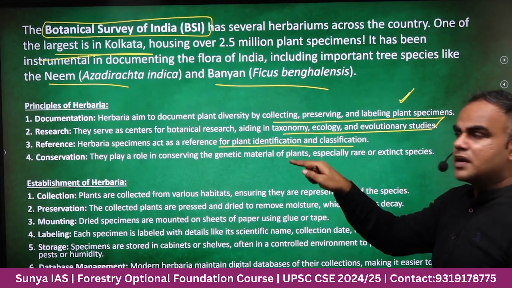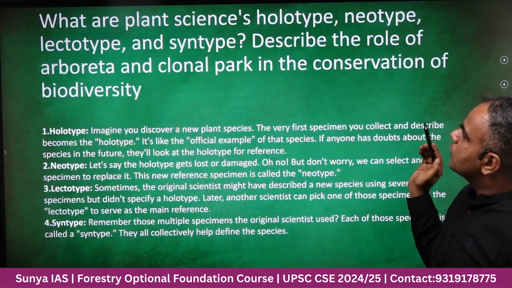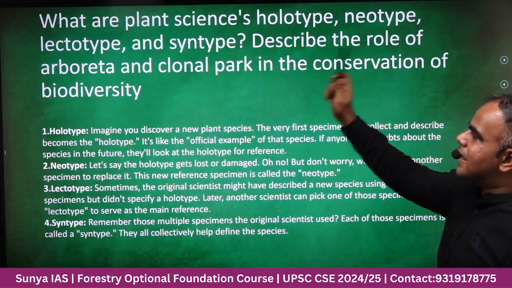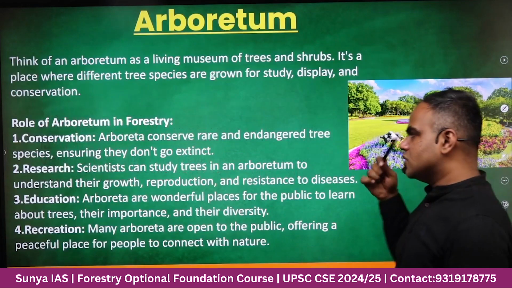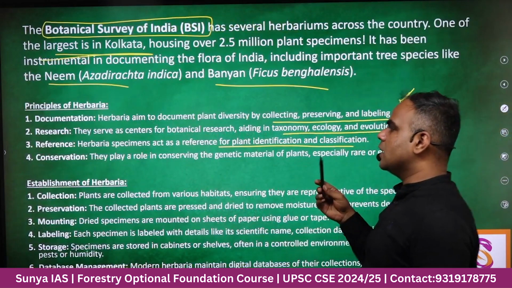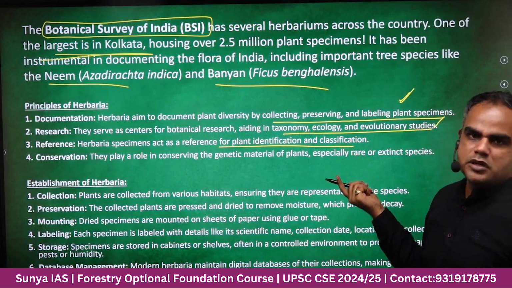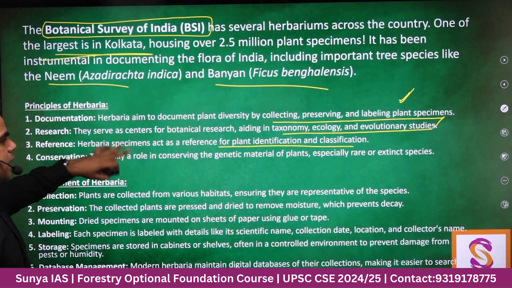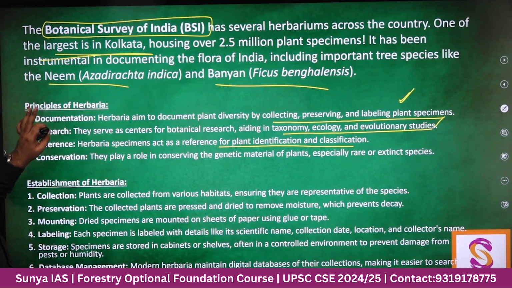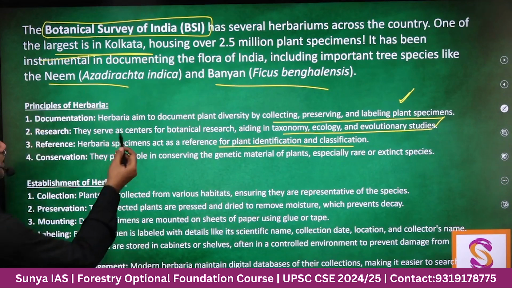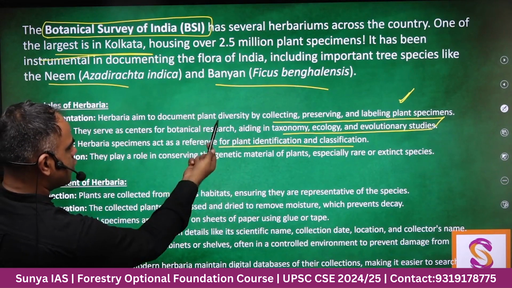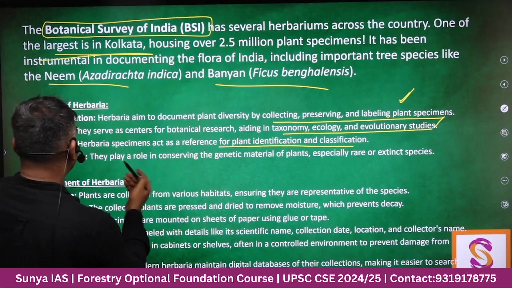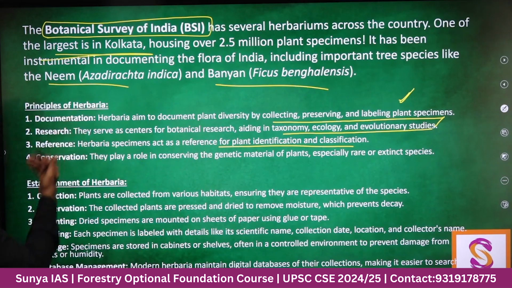In fact, when I tell you reference, I will also tell you holotype, neotype, lectotype and syntype, just as reference specimens. This also plays a very important part in conservation. You would see a lot of these points repeating in both of them because these are similar concepts, so you don't have to think about too many things. It is a very important source for taxonomic information, conservation, reference, research and documentation.